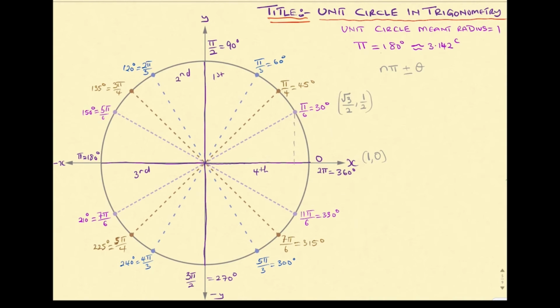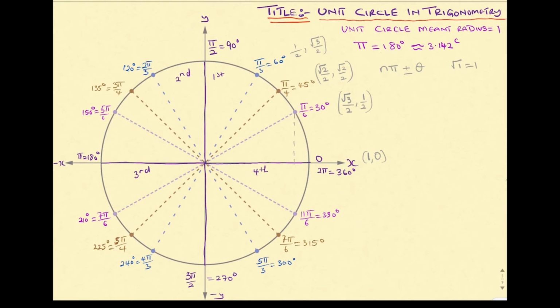For 45 degrees, it's root 2 over 2, comma root 2 over 2. And for 60 degrees, it's root 1 over 2, comma root 3 over 2. Notice that root 1 equals 1, and therefore the root will disappear for that one.